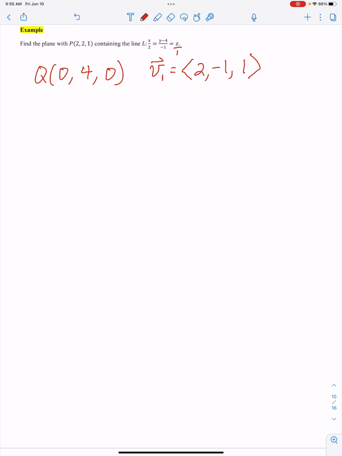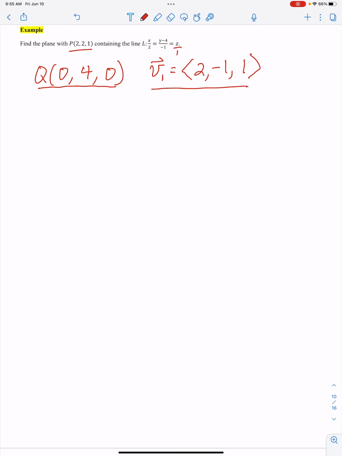Now, let's keep in mind what we have. This vector is inside my plane, right? It's a directional vector for a line. So if the line is inside of my plane, then that vector would lie inside the plane as well. It's parallel with any other vector in the plane. I also know that this point is in the plane and this point.